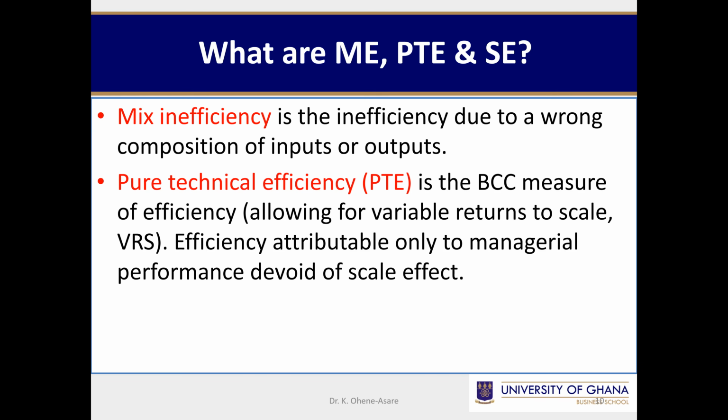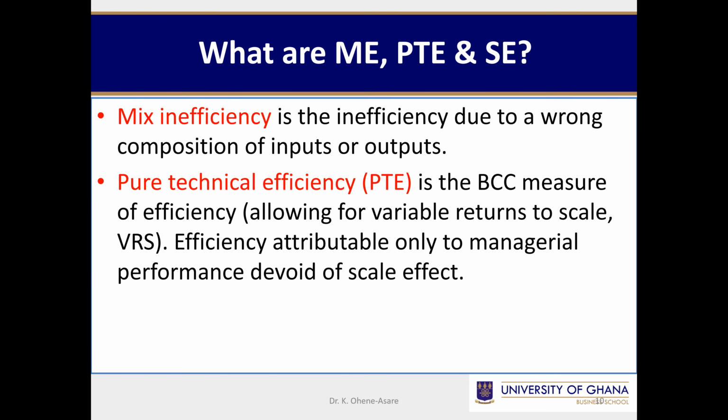The scale effect is the computers, the size, the other physical things that management are using. If you take them out of the picture, then that efficiency that is left is pure technical efficiency.